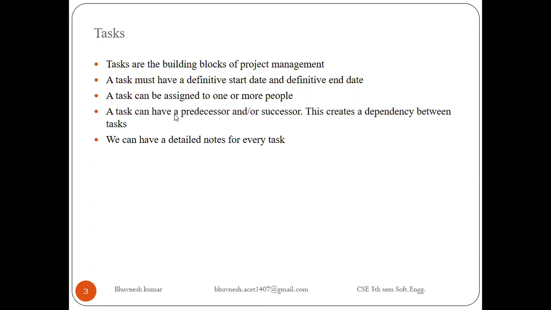A task can have a predecessor or a successor, and I have told you how predecessors and successors will be there in your task. If your second task is dependent on your first task, it means the successor of the first task is the second task, and the predecessor of the second task is the first task. Task two is completely dependent on task one.